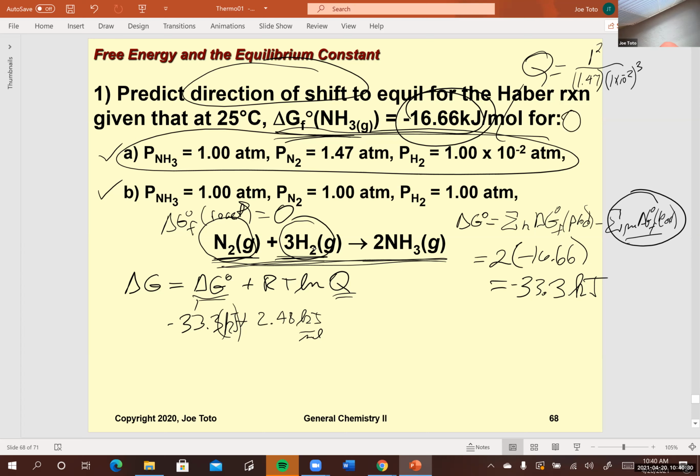So Q equals... you guys should check me on this.